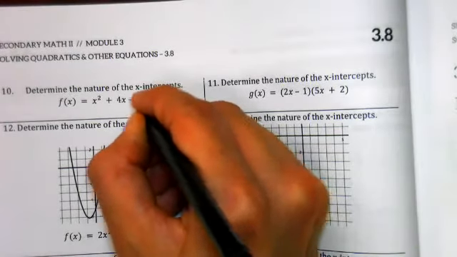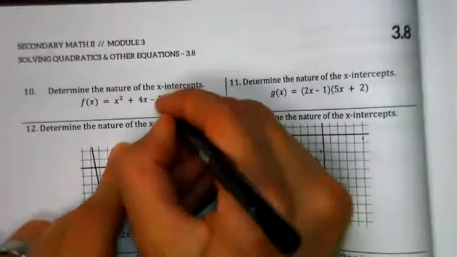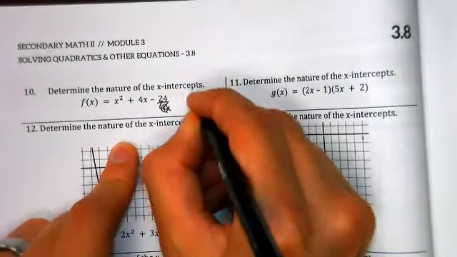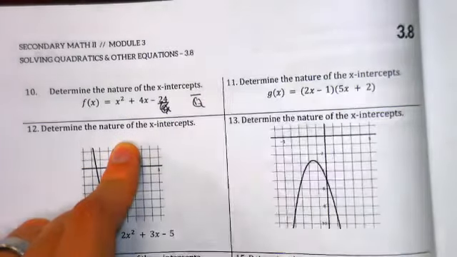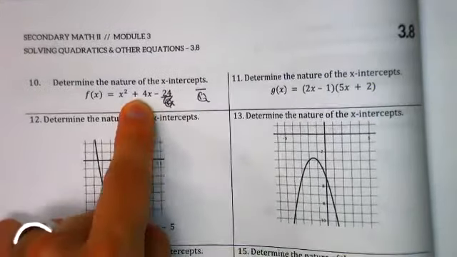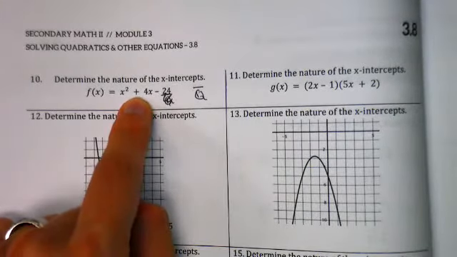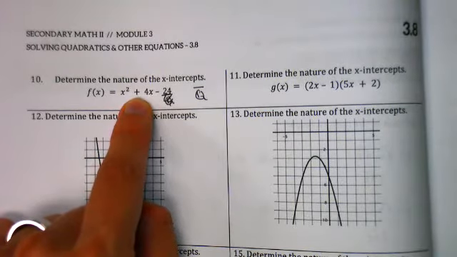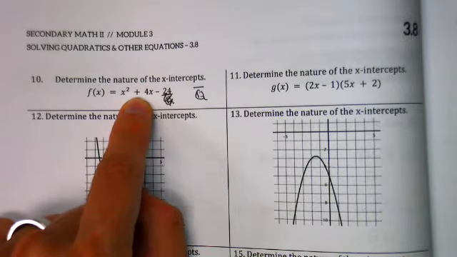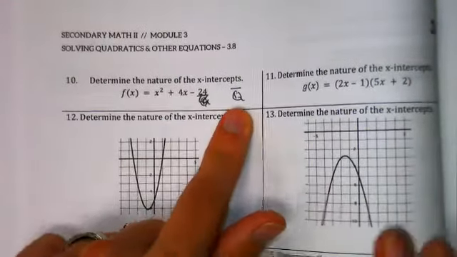So that's the Q with the little line over it. I'm going to write off to the side because it looks like I underlined the 24. It's the Q with the line over it, because I couldn't factor it. If I could factor it, then it would either be integers or rational, meaning they would be fractions. Because we can factor fractions, we can factor integers, but when we can't factor it, we know that there's going to be a square root somewhere, and so that's why it's irrational.